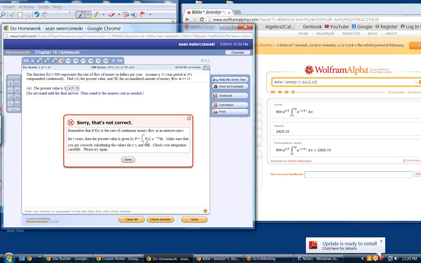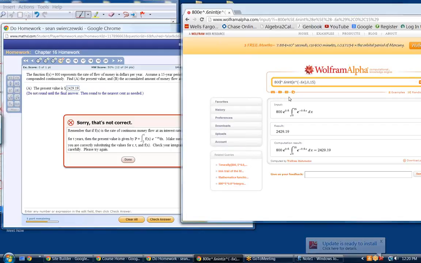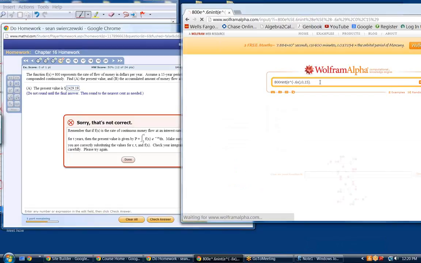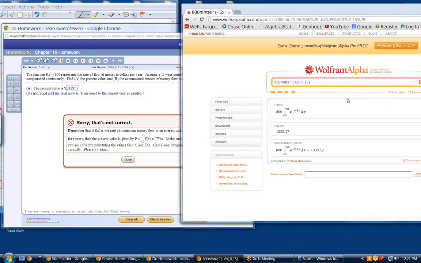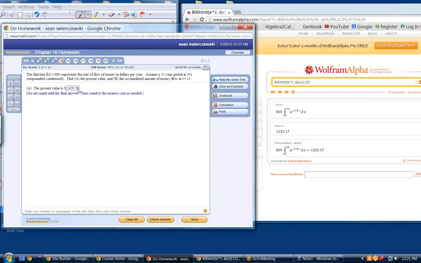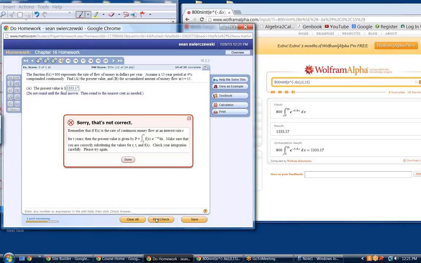This is like the compounded one. So let me get rid of this e to the 0.6. That comes in the accumulated value, where we put that e to the RT out there. So yeah, that's right. Let's hope. 1333.17. Dang it. This thing's going to drive me to drink.